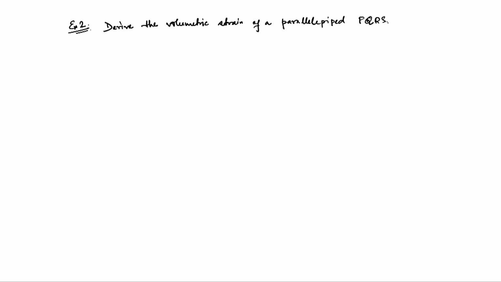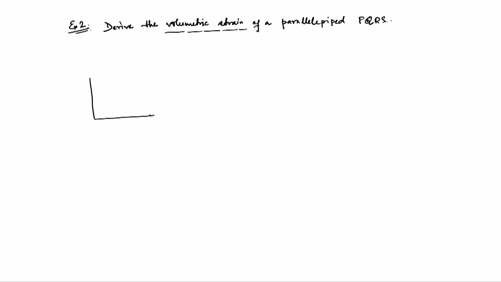I will just draw the figure in a minute. So, what we have to find out? Volumetric strain. For that we have to find out the initial volume and final volume, and from that we can easily quantify the volumetric strain. So, let us consider the figure first.